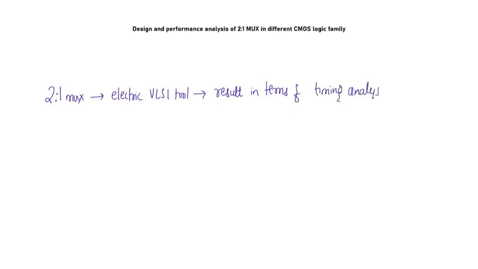So basically, we're going to check the results in terms of its rise time or fall time analysis, and possibly we can do the power analysis as well if we can go with the layout structure. Okay, so let us try to develop the fundamental aspects about this.